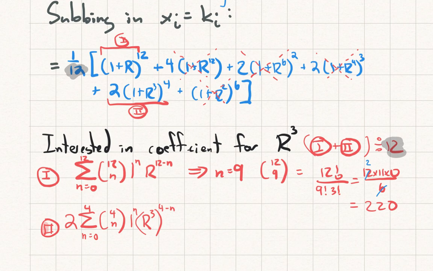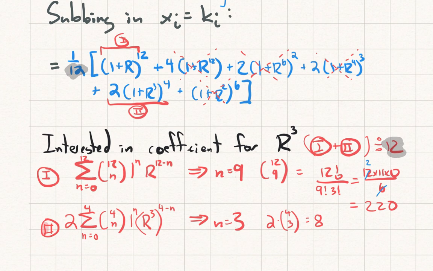And if we're looking for a power of 3, then we want 4 minus n to equal 1. So we're looking for when n is 3 in this case. So we'll set n equal to 3. And we have 2 times 4 choose 3. And then r cubed. Well, I don't even need to write that because I just need my coefficient. So 4 choose 3 is easy. That's 4. And 4 times 2 is indeed 8. So that's great.